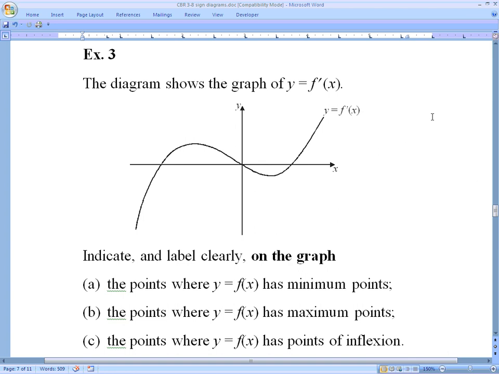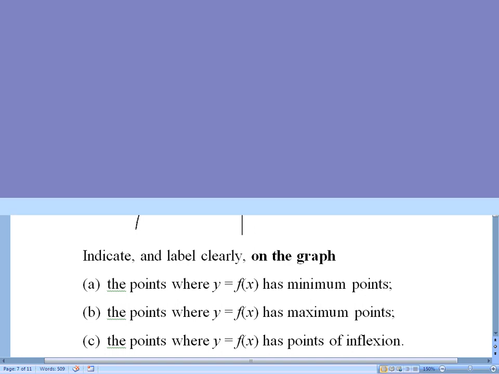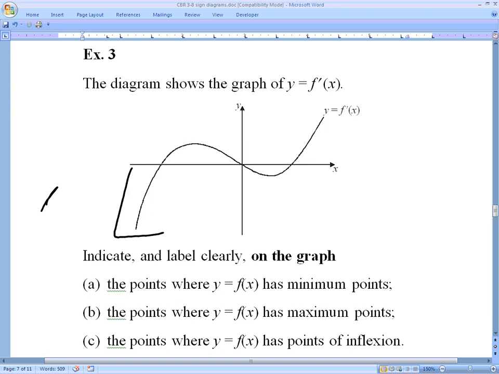So the diagram is not actually showing the original function. It is showing the derivative of the function. So what does the derivative represent? The derivative represents slopes. So from this spot all the way through here, what kind of outputs do we have? Well, they're negative numbers.